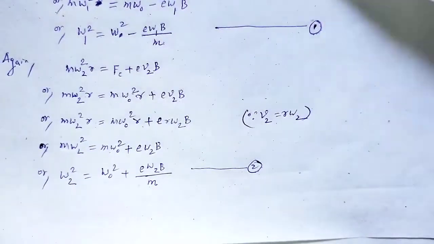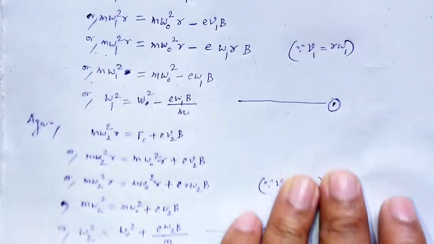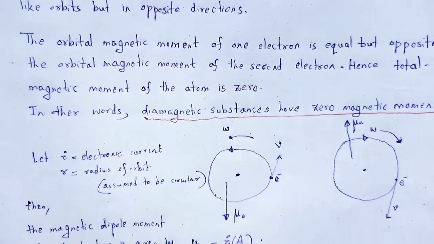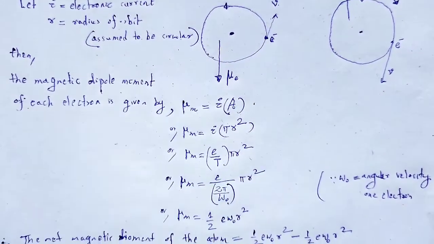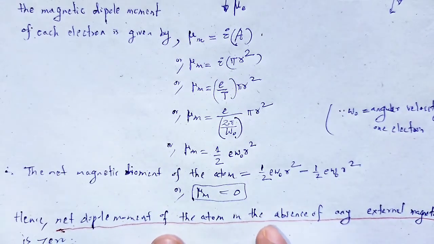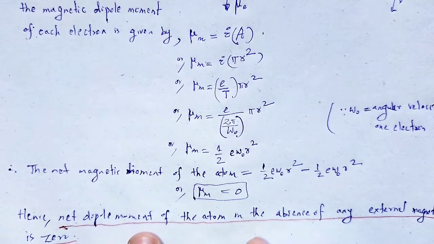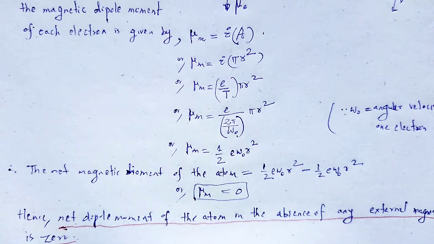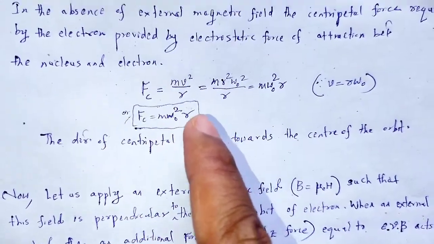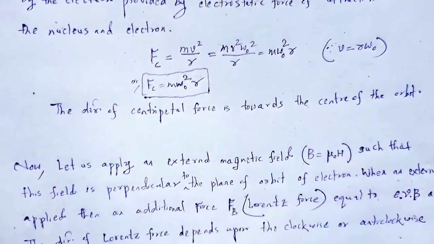So here we show, first of all, how the net dipole moment will be 0 in the absence of external magnetic field, and the magnitude of centripetal force and its direction.